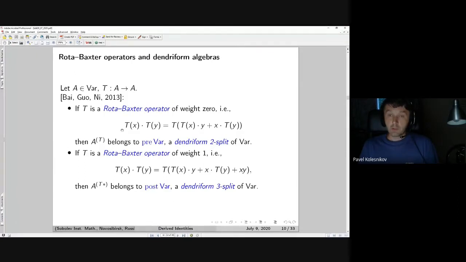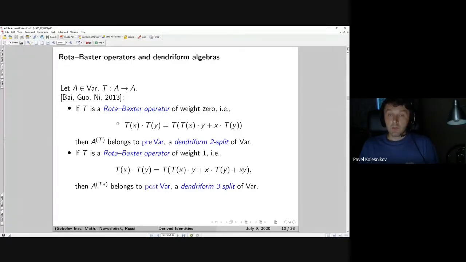And one may see that this relation of a Rota-Baxter operator of weight 0 is a formal presentation of integration by parts. Rota-Baxter operators of weight 0 provide us a formalization of the integration operator.